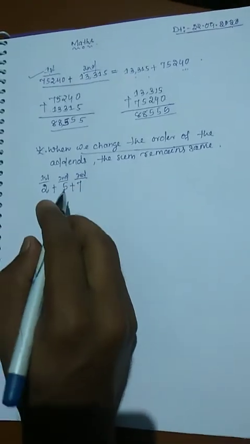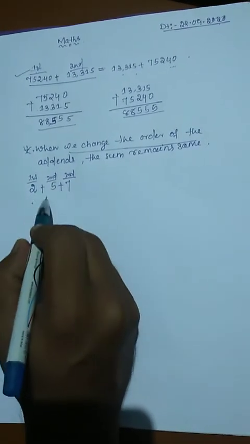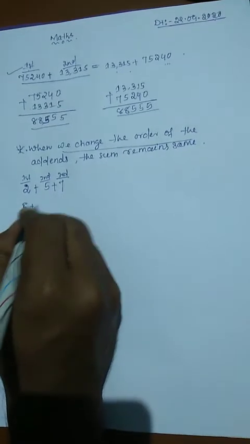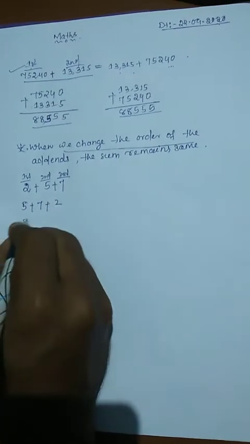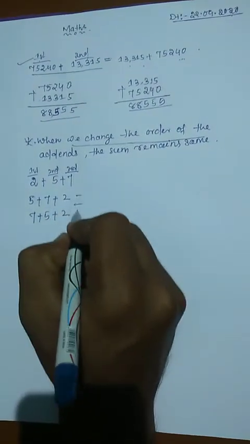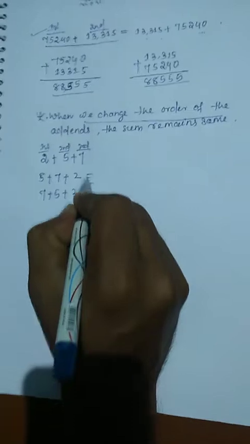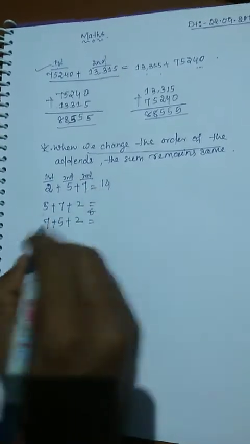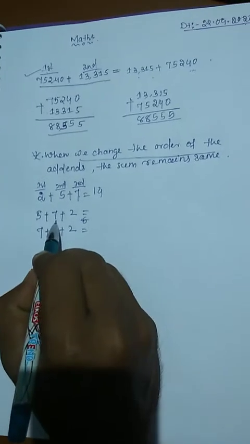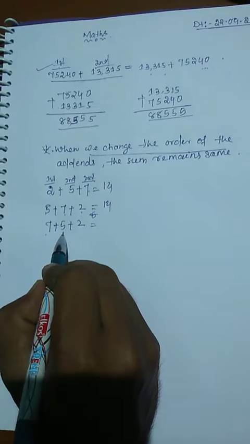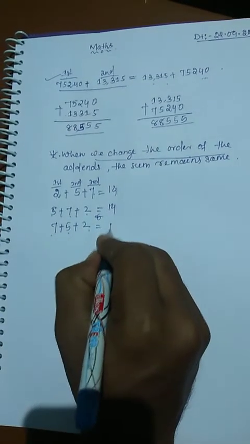If we change the order, like 5 plus 7 plus 2, or 7 plus 5 plus 2, all the results are equal. See, 2 plus 5 is 7, 7 plus 7 is 14. 5 plus 7 is 12, 12 plus 2 is 14. 7 plus 5 is 12, 12 plus 2 is also 14.